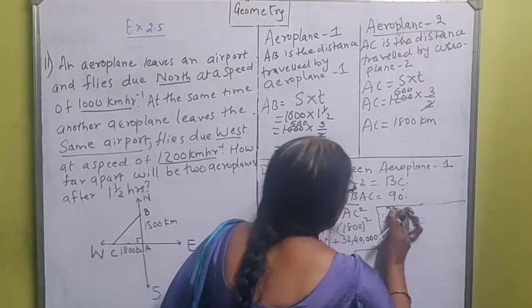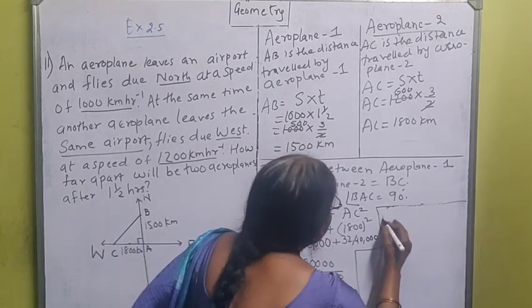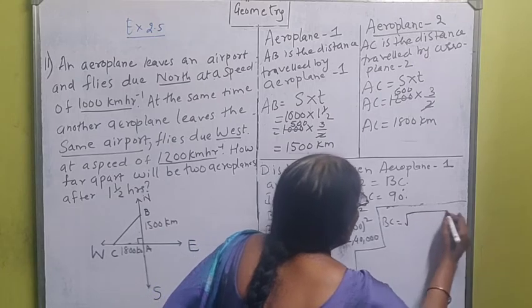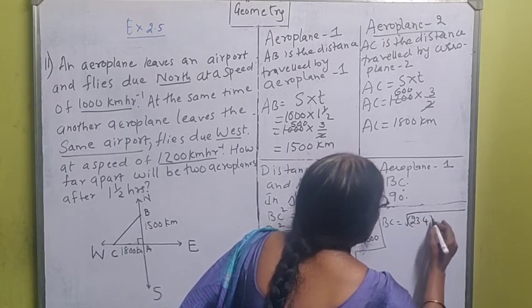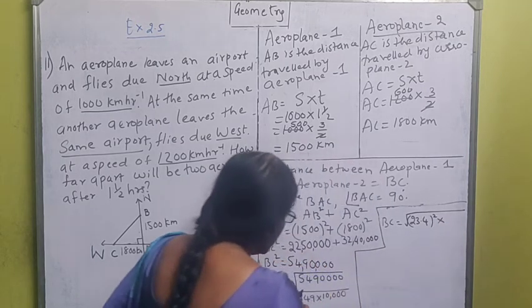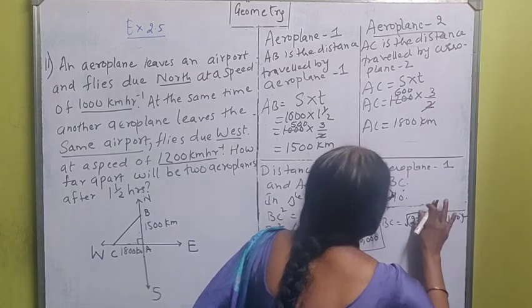So now we came to find out the square root. BC is equal to the square root of 23.4 the whole square into 10,000, which is 100 the whole square.